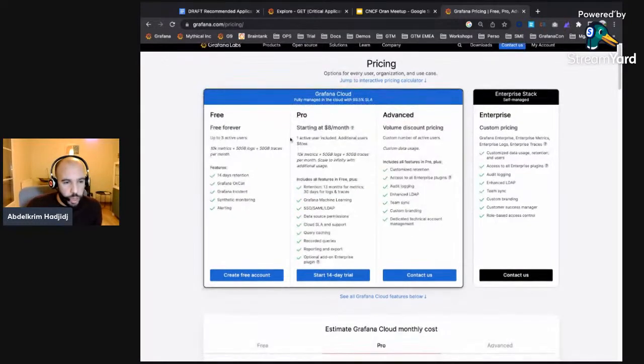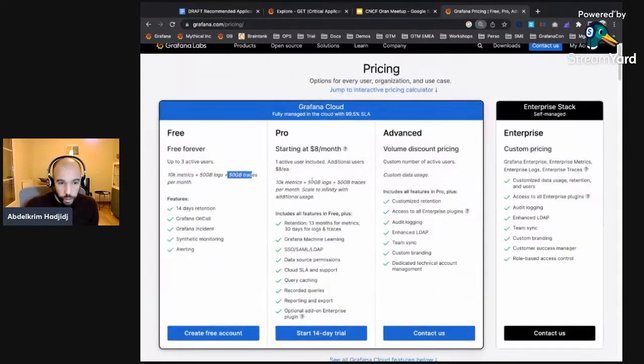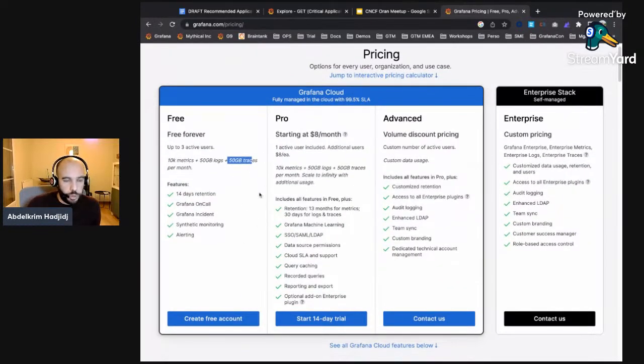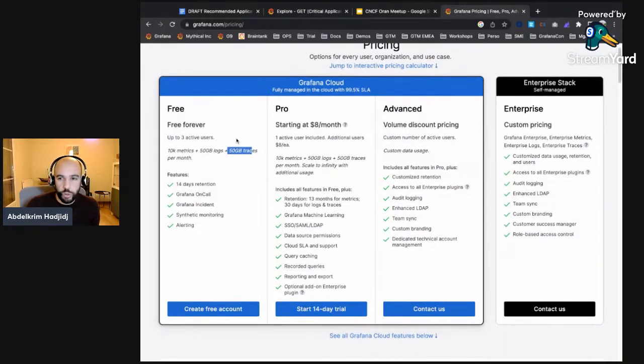It's forever free, so it's not, let's say, only 1 or 2 weeks, and you have enough data if you want to learn or play. You can send up to 10,000 metrics, 50 gigabytes per month of logs and of traces. So that's pretty interesting if you want to start learning and using the platform without deploying everything yourself.